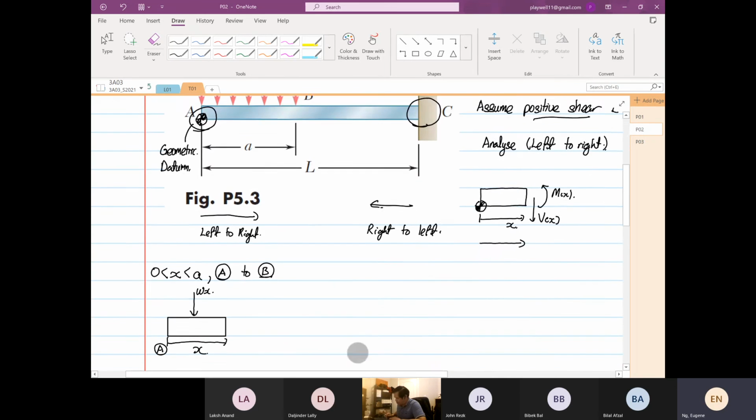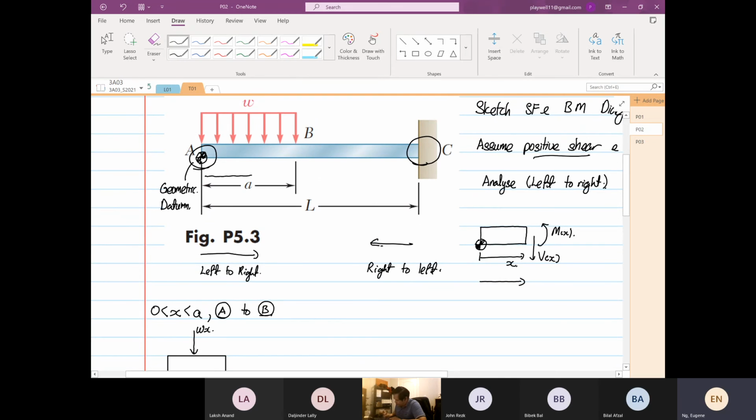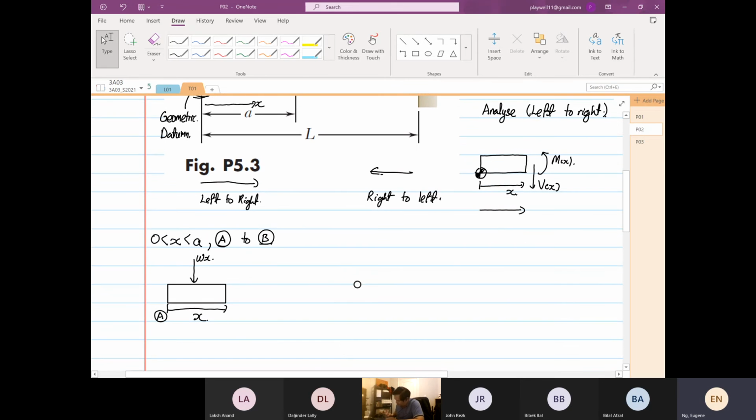The longer the slider x, the higher the equivalent load. That's why we call it omega x. And the distance from here to here is x over 2. Why x over 2? For an evenly distributed load, the equivalent load is exactly at the center of the variable. That's why it's x over 2.